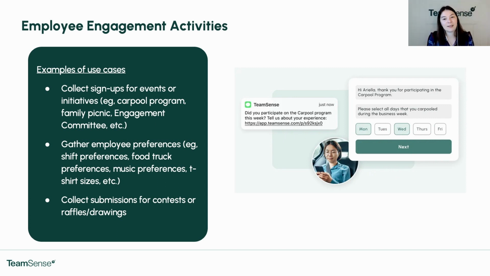T-shirt sizes is something we've seen at several different organizations for providing any sort of clothing to employees, and asking them to please provide their sizing. This is a really helpful way to do that. But it's also a really fun way to help give employees a sense of control over their environment, and the fact that their preferences are being accounted for, I think, is really important.